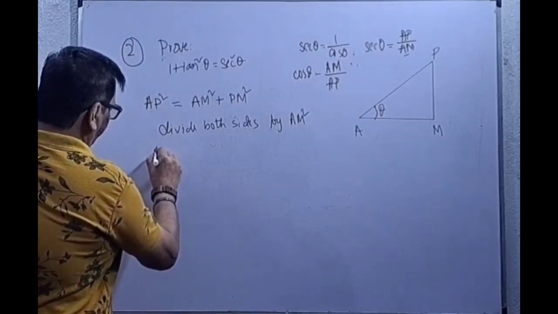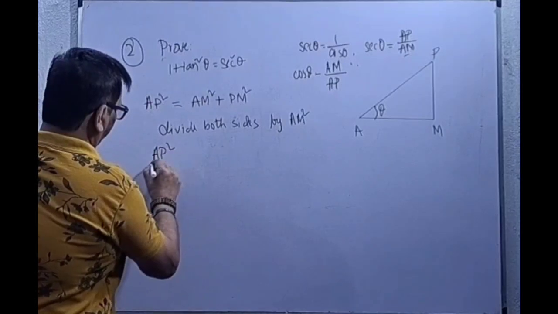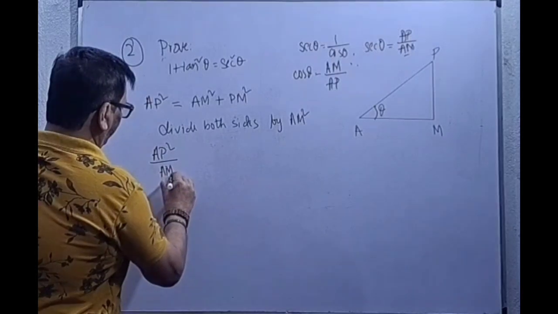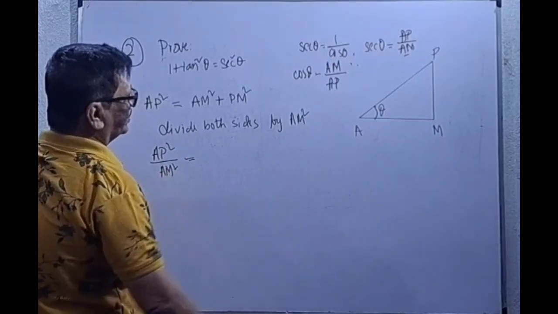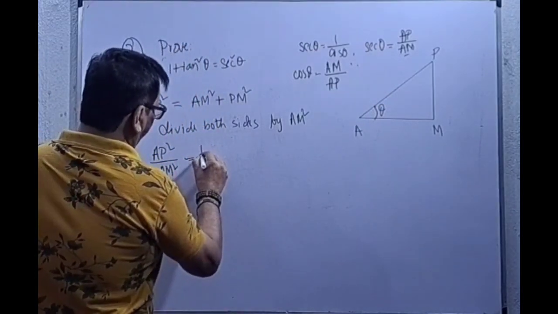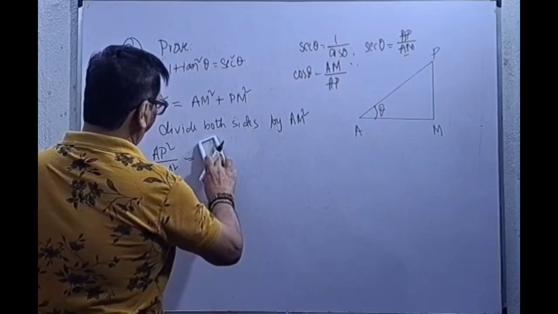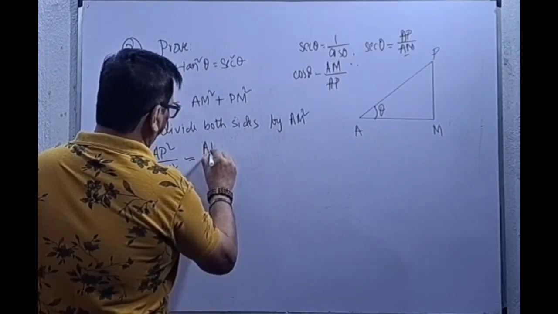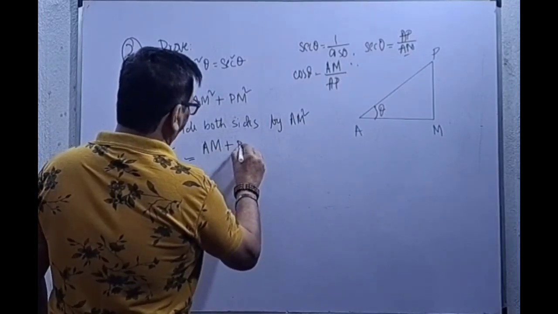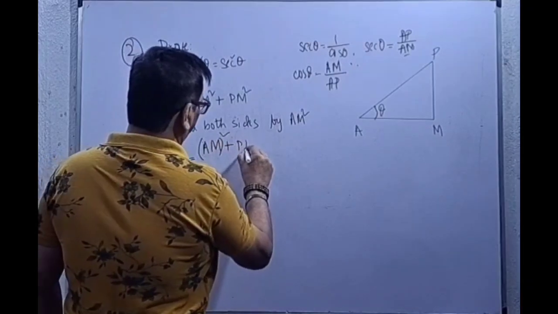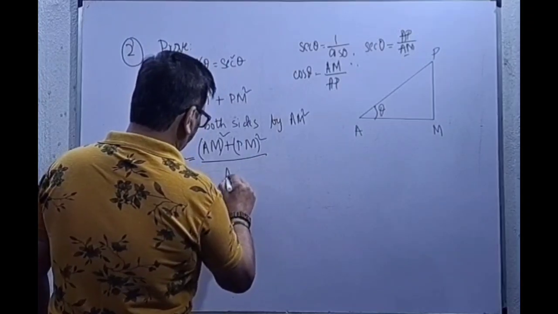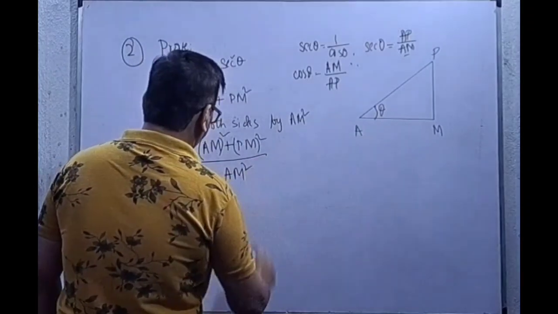So AP square by AM square is equal to, see, we got sec theta, right? AM square plus PM square divided by AM square, right?